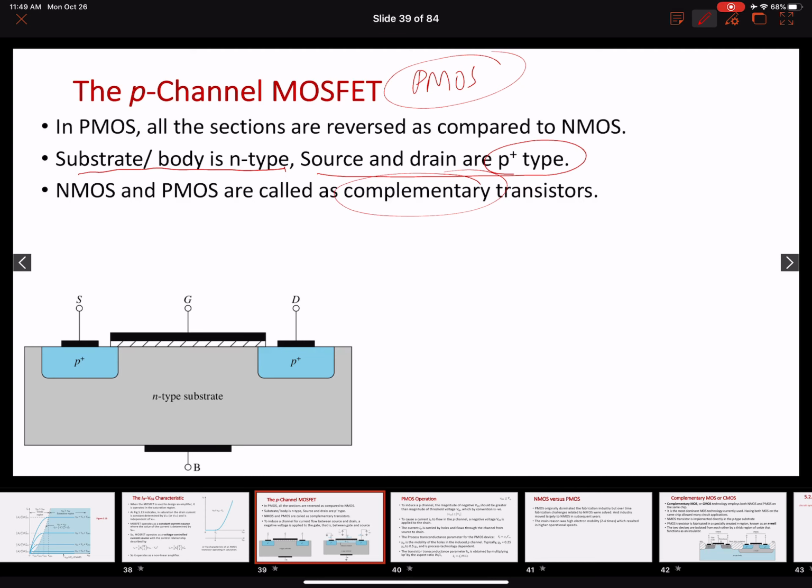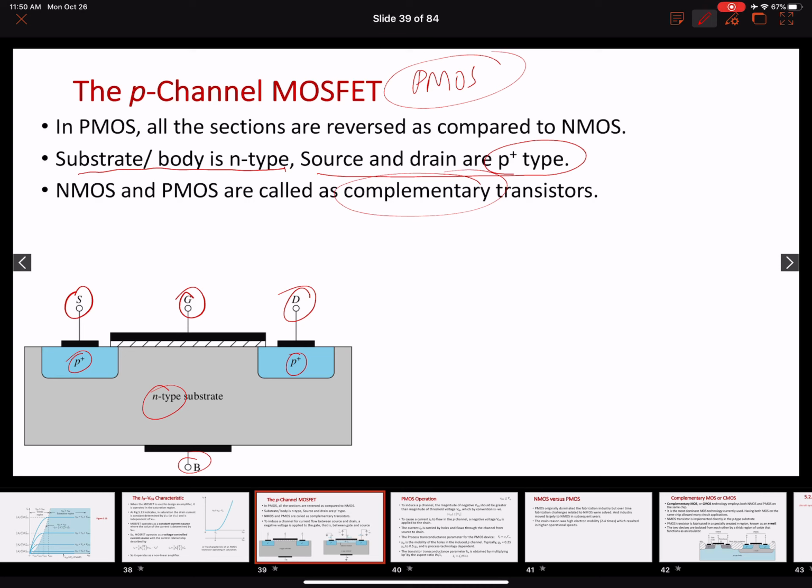So here's the structure of the PMOS. You have a body terminal, a source, gate, and drain. The structure remains the same. In an NMOS, we have an N-type source, N-type drain, and P-type substrate. In a PMOS, it's complementary: P-type source, P-type drain, and an N-type substrate.